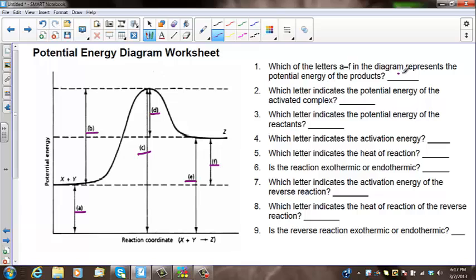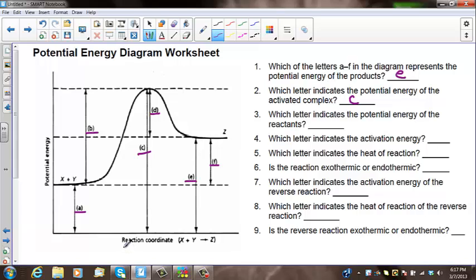Hopefully you said E, because this is our potential energy for the products, from the reaction coordinate up to the product line. Which letter indicates the potential energy of the activated complex? Hopefully you said C. Potential energy of the activated complex goes from the reaction coordinate all the way to the top of the hill.